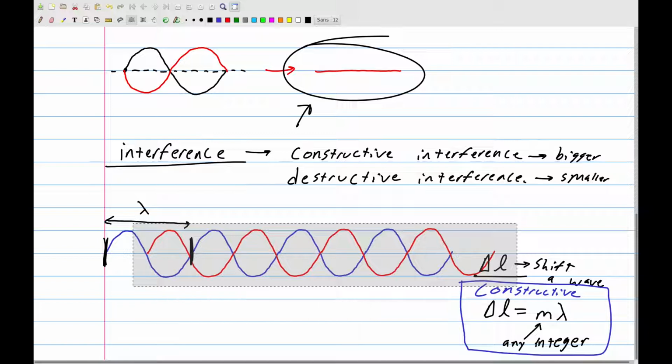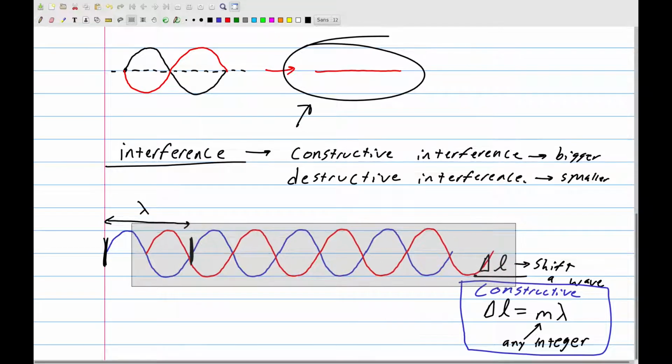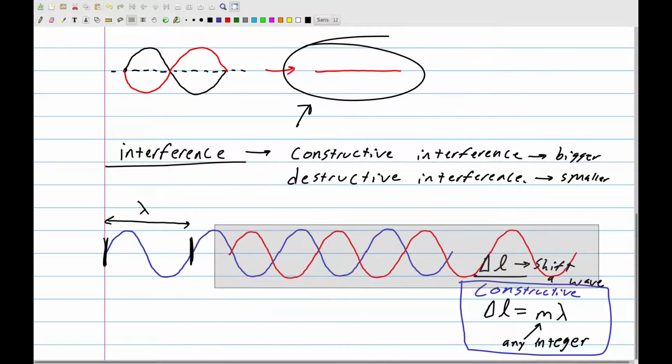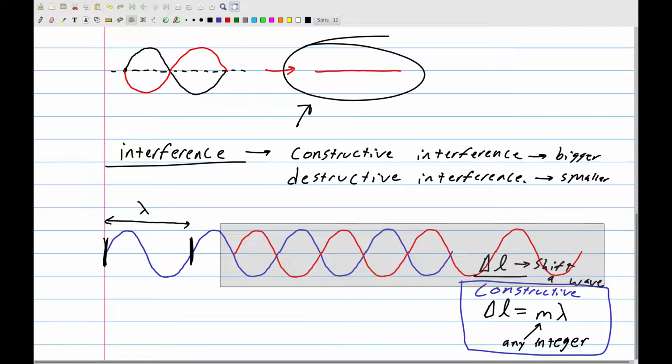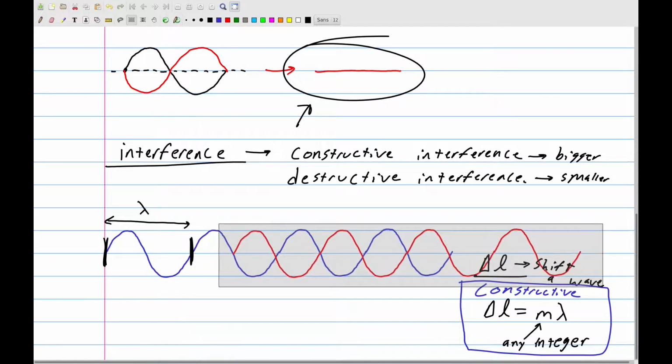And how much have I shifted it? Well, I haven't gone a whole wavelength. I've only gone half a wavelength, if I can get that right again. So for destructive interference, it's going to be a half wavelength shift. Or maybe I could shift it all the way over here, and now I've gone 1 wavelength to here, plus another half to there.